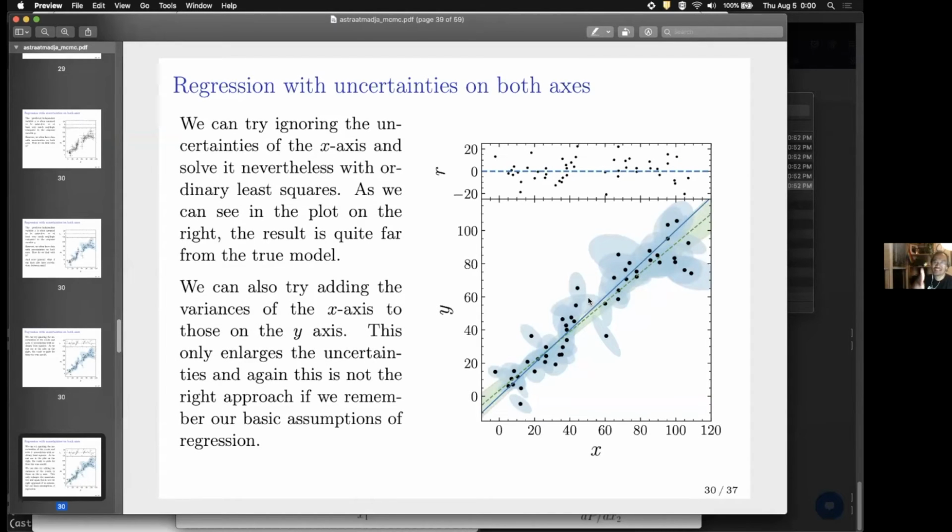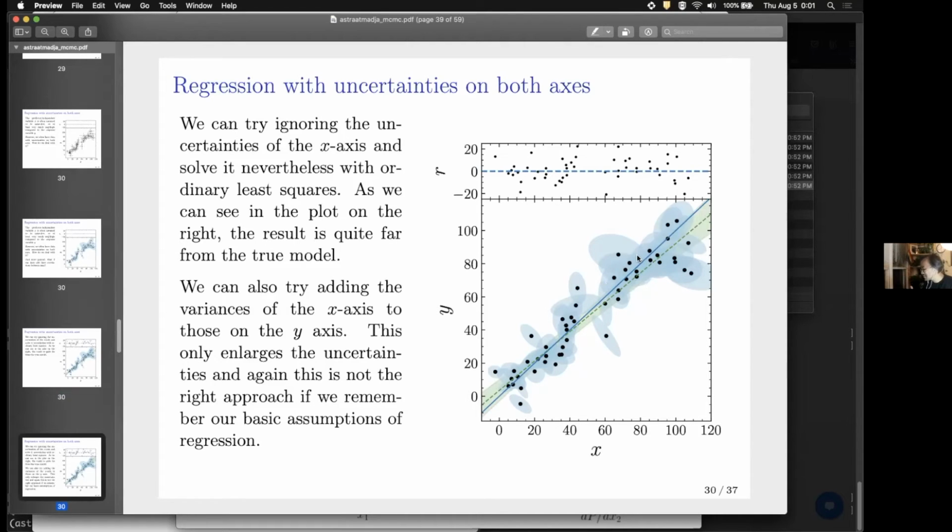So the uncertainty on the vertical axis is the square root of the squared errors in x plus the squared errors in y. That's just wrong. It only enlarges the uncertainties like this, and it's unjustified.